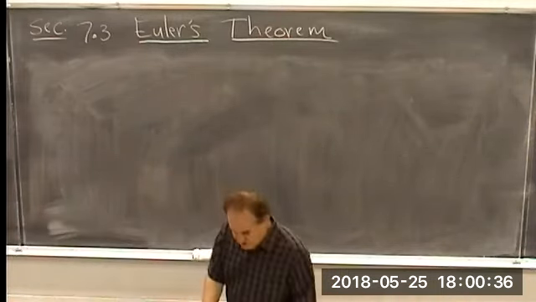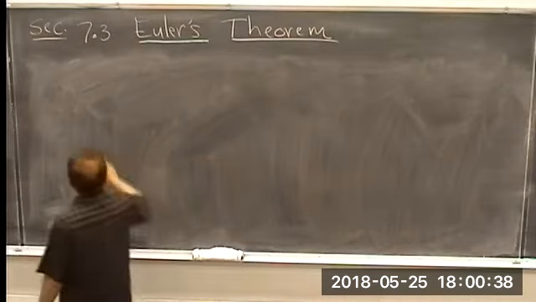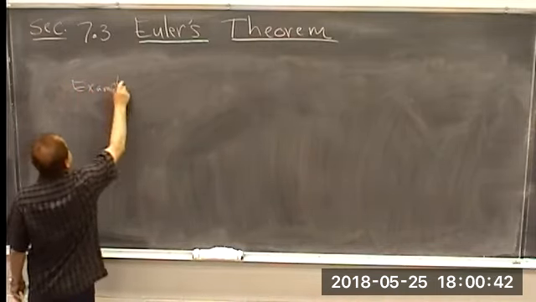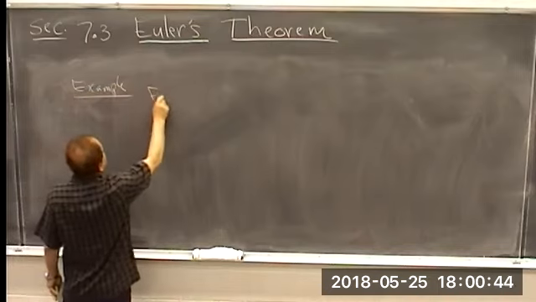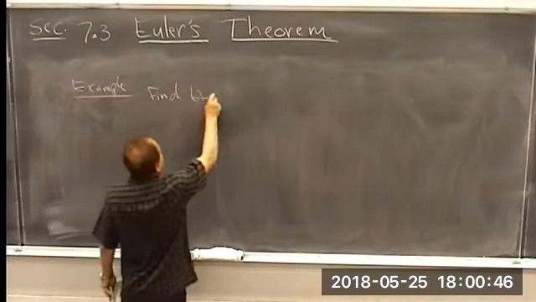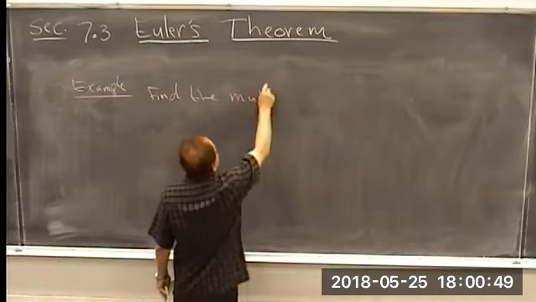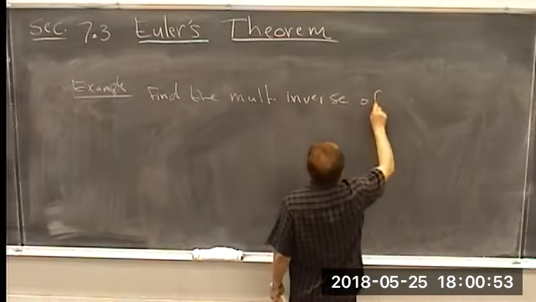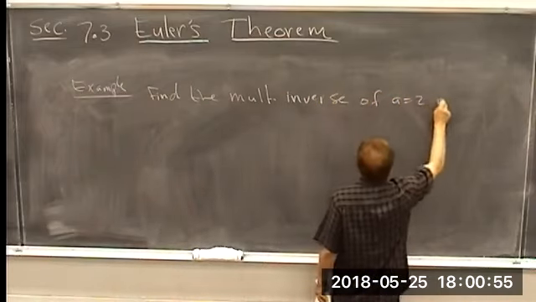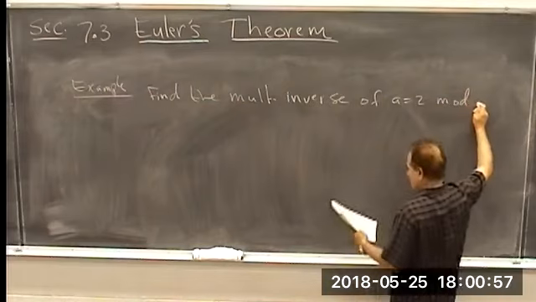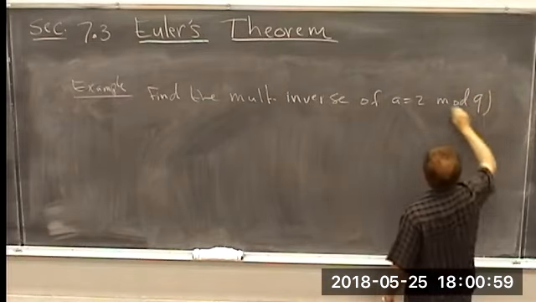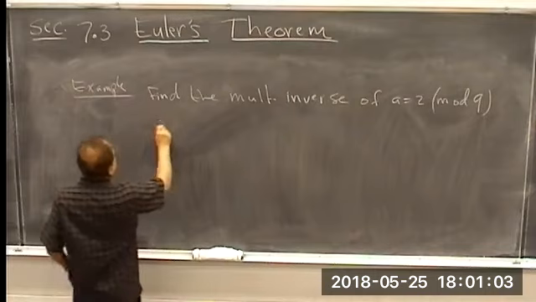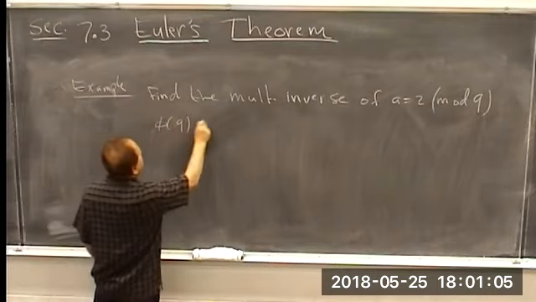So let's say we're going to find the multiplicative inverse of a equal to 2 mod 9. All right, so all we need is phi of 9.